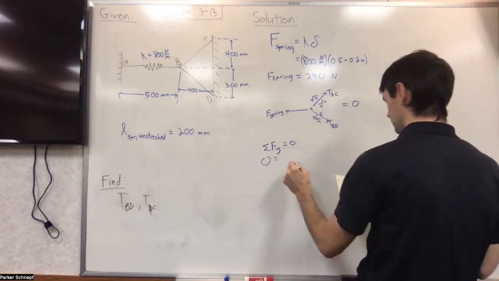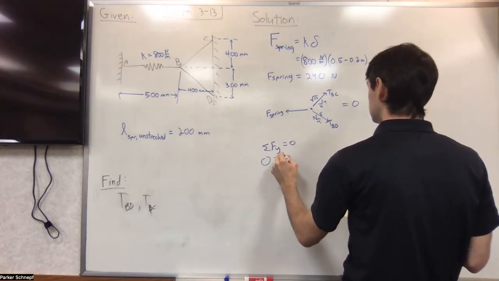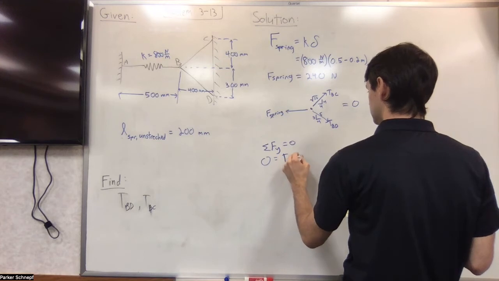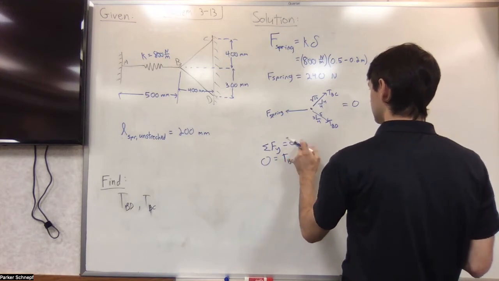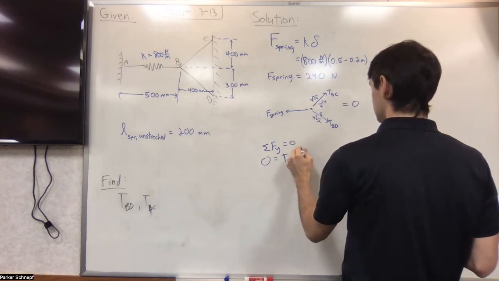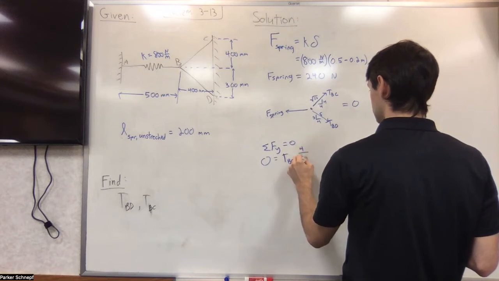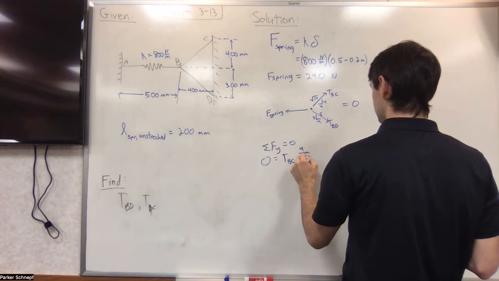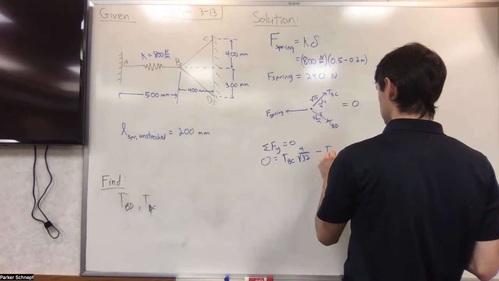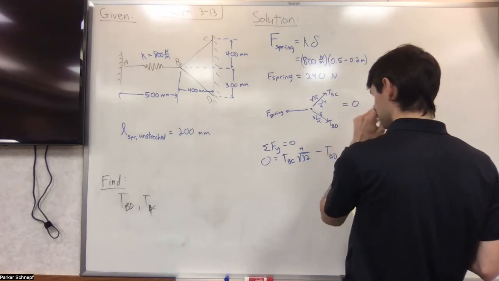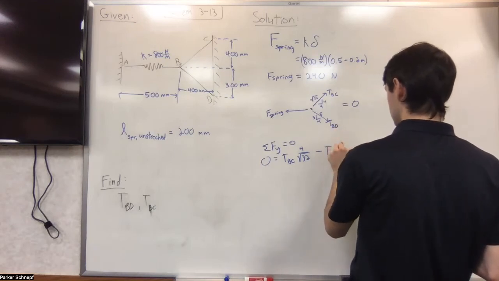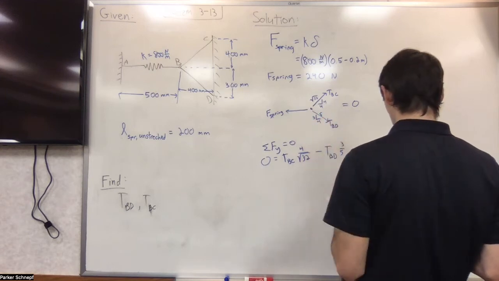And so what I'll get is that TBC is going up, and it's going to be 4 divided by the square root of 32, minus TBD, which is 3/5 using my little similar triangle.